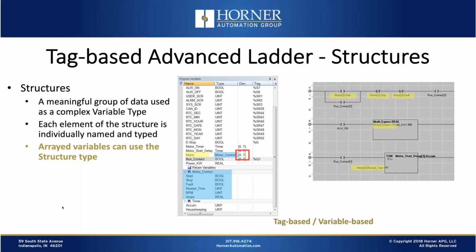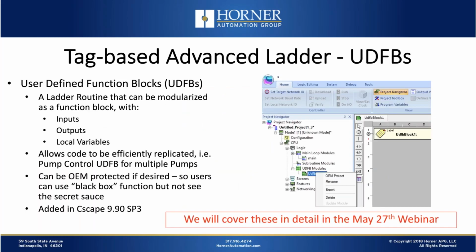That follows that structure of motor control. And on the right, the nomenclature is very similar as you assign the variable, but now you have motor sub 3.start, motor sub 3.stop, for instance. So again, structures are very useful features, not only with regular old variables, but also with arrayed variables.